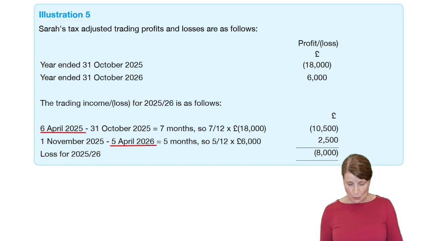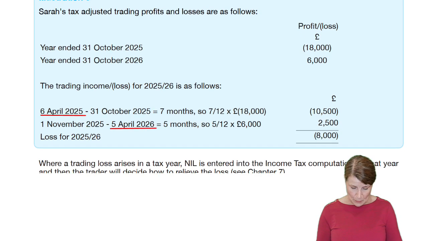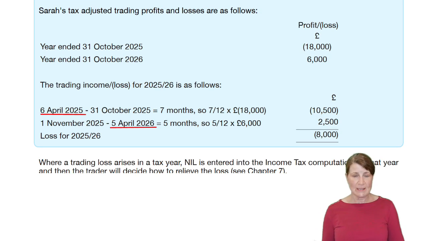Now, it's profitable, it's 12 months, we only want 5 months worth from the 1st of November to the end of March, 5 months. So we take 5/12 of that £6,000 profit, which works out to be 2,500. And when we net the two off against each other, we actually end up with an overall loss, which works out to be £8,000.